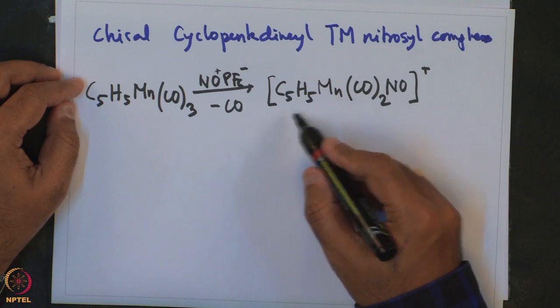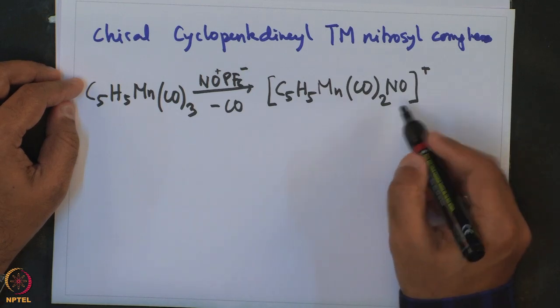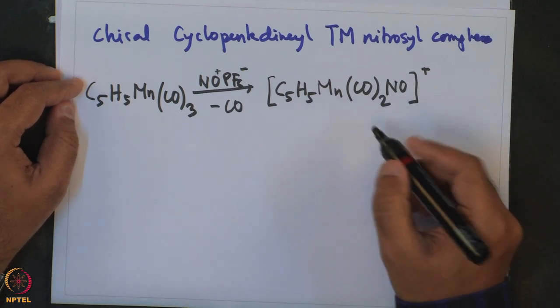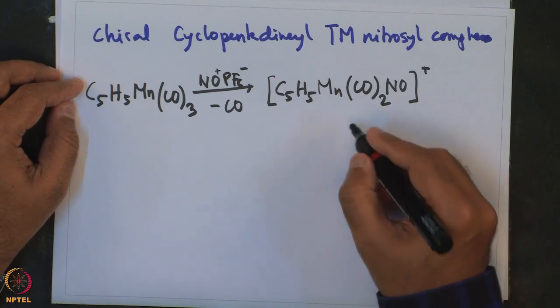Now, C5H5Mn dicarbonyl nitrosyl is still not an optically active compound.